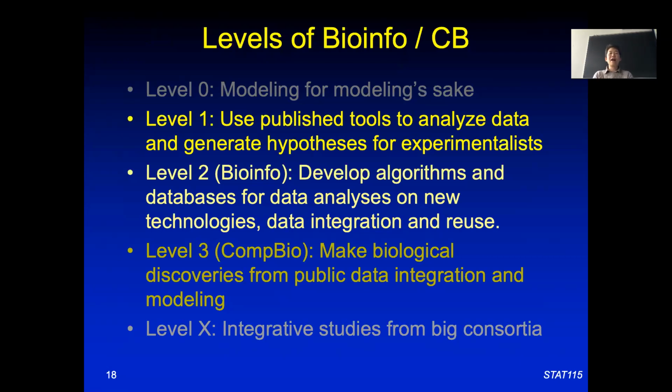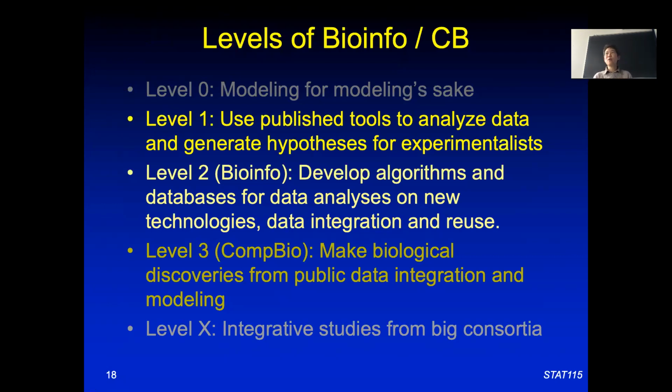I also wrote a blog many years ago about the different levels of bioinformatics and computational biology. For level 0, how many of you have watched Kung Fu Panda? Remember when Kung Fu Panda went in, Master Shifu was asking, show us, level 0. I remember this is about 10 years ago.